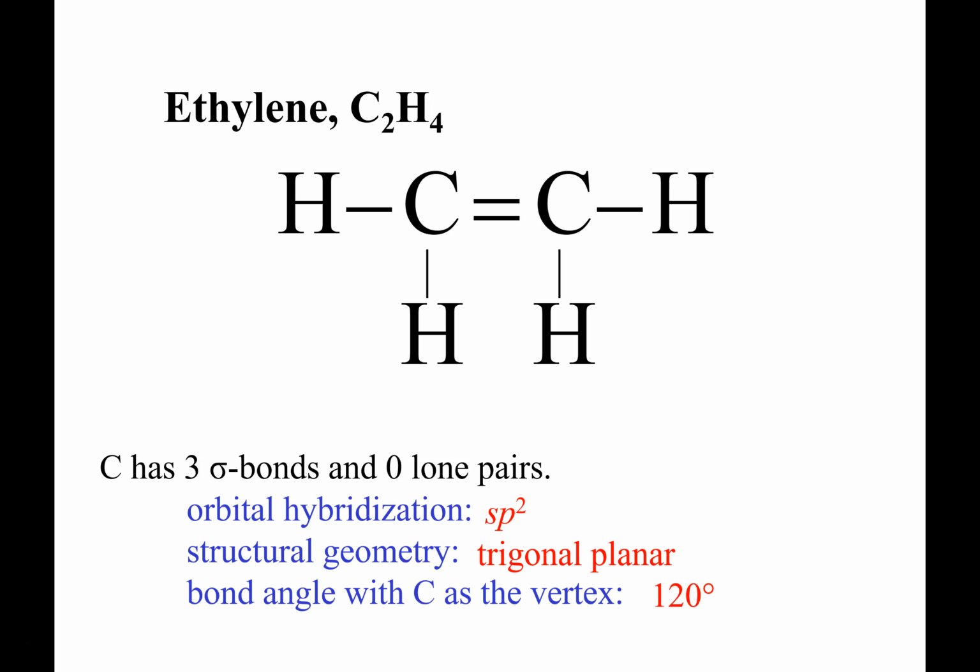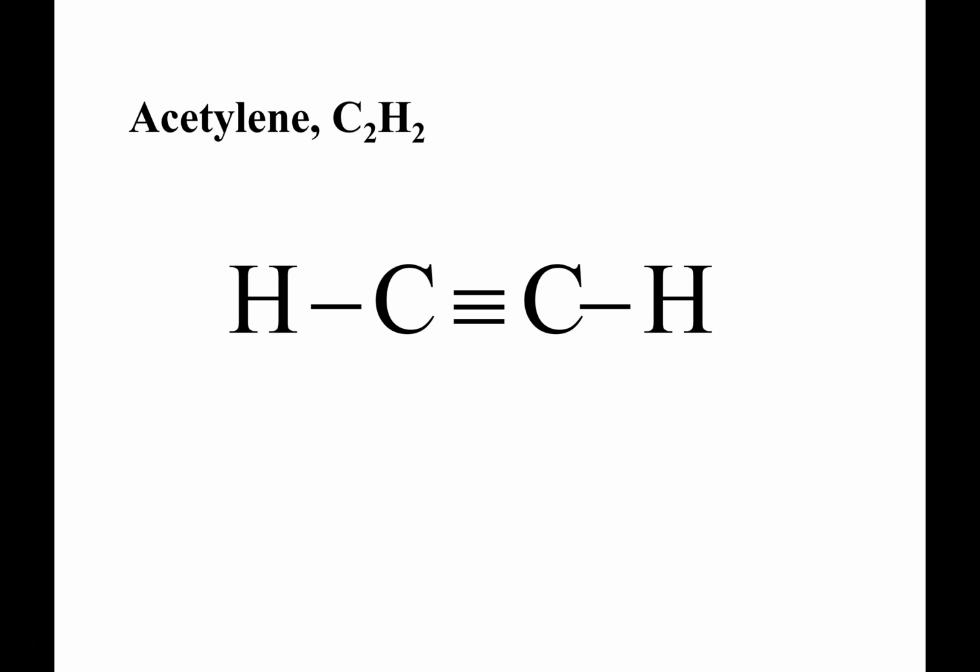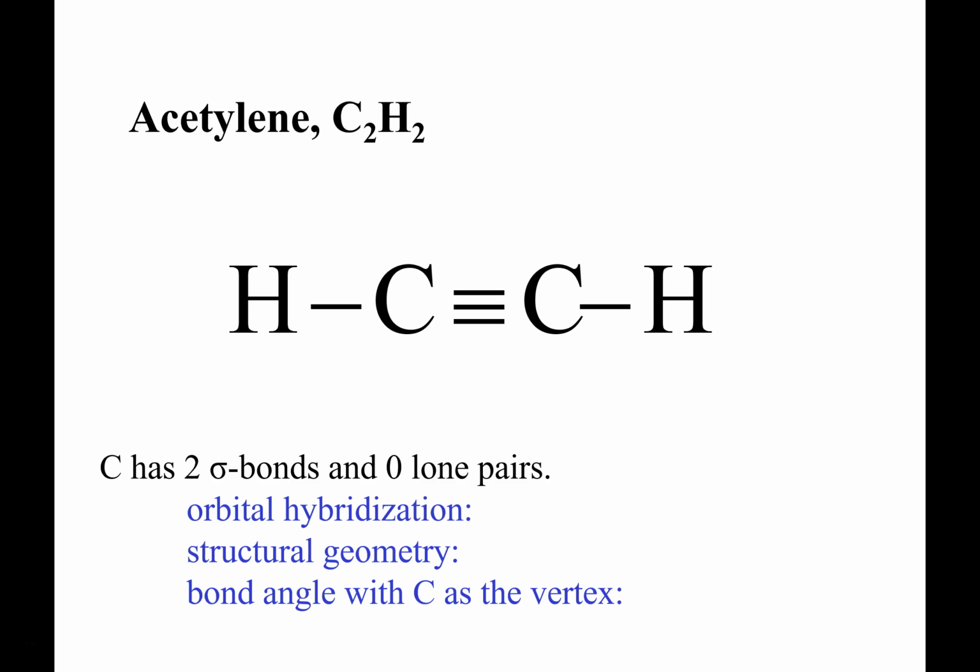So actually this was C2H4, so this is that. Yep, very good. And then this one is the C2H2. So what sort of orbital hybridization do we have for the carbon atom? Just sp, yep. And then structural geometry, linear, bond angle 180.